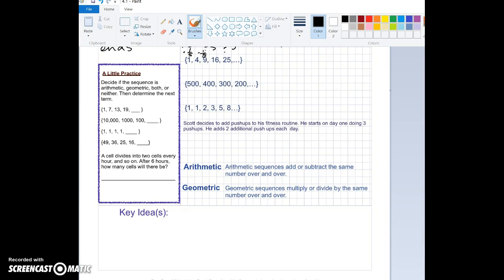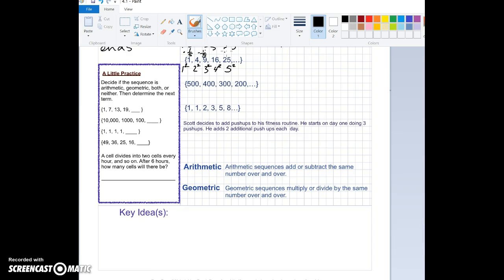Well, this one's a little bit trickier, but you can see that 1 squared is 1, 2 squared is 4, 3 squared is 9, 4 squared is 16, and 5 squared is 25. Do you see the pattern? I take each term number, term 1, 2, 3, or 4, and I multiply it by itself, and I get the term, okay? Or I get the amount of the term.